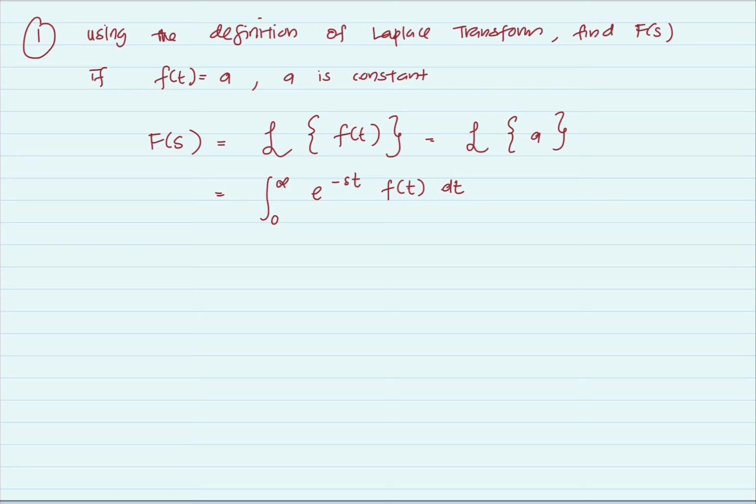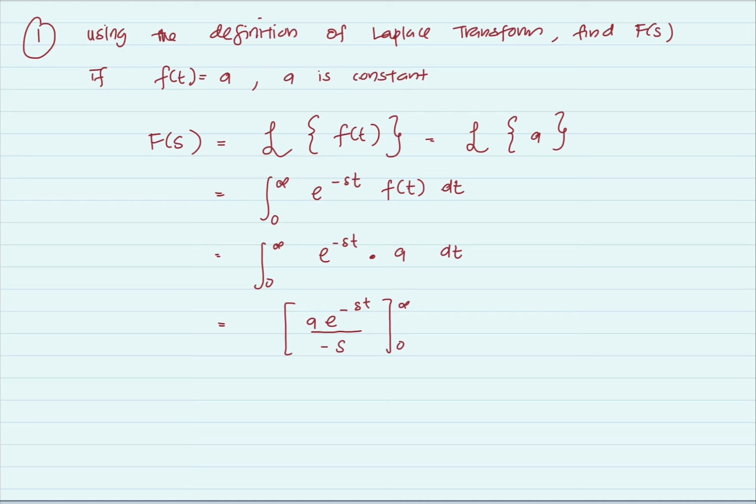Our f(t) is a, so the integral from 0 to infinity of e to the minus st multiplied with a dt. Now you need to integrate this. a is a constant, s is a constant, so the integration gives a e to the minus st over minus s, from 0 until infinity.